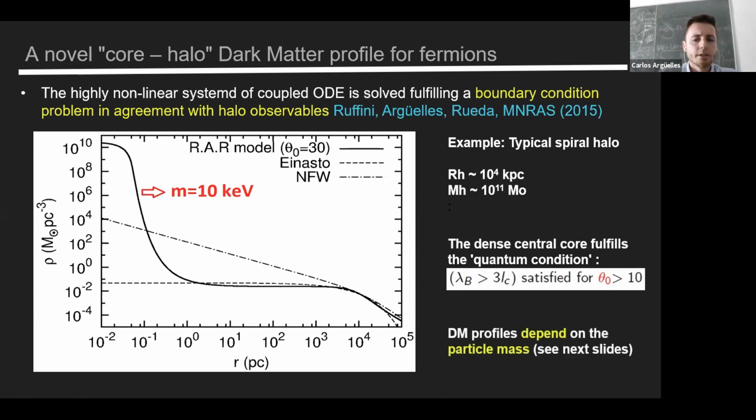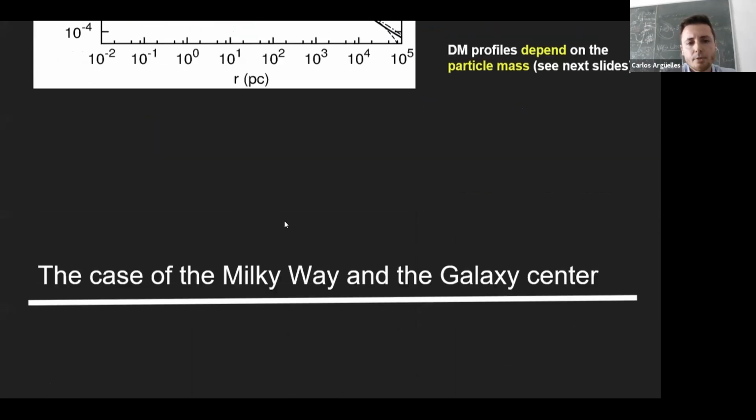And importantly, the dark matter profiles, mainly the feature of the core, will depend on the particle mass. This is an example. Typically with particles of 10 keV, you obtain this dense concentration. We start to fall inside the milliparsec scales.